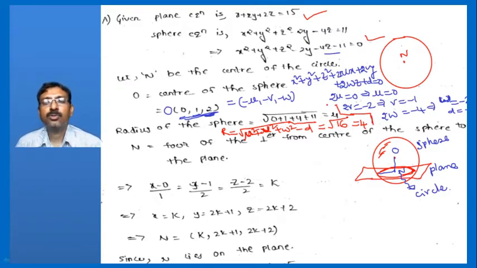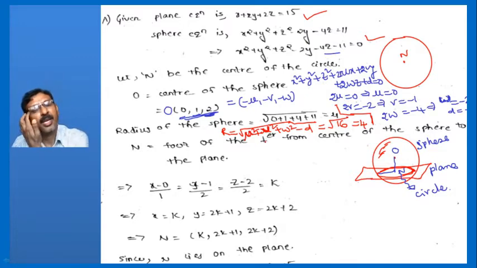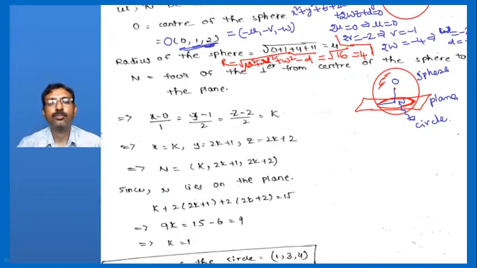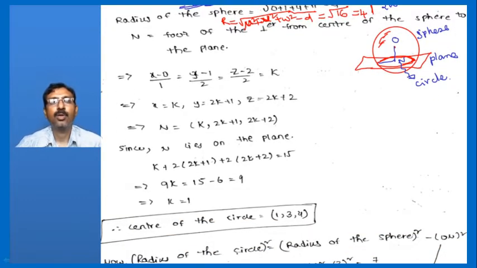So what I have done, I found the center of the sphere and the radius of the sphere. Next, let N be the foot of the perpendicular from the center of the sphere to the plane.